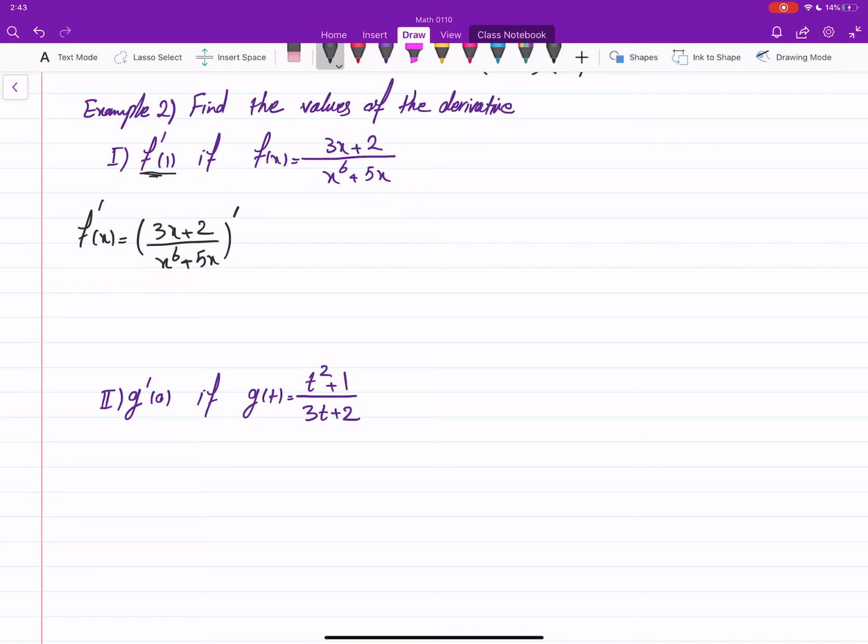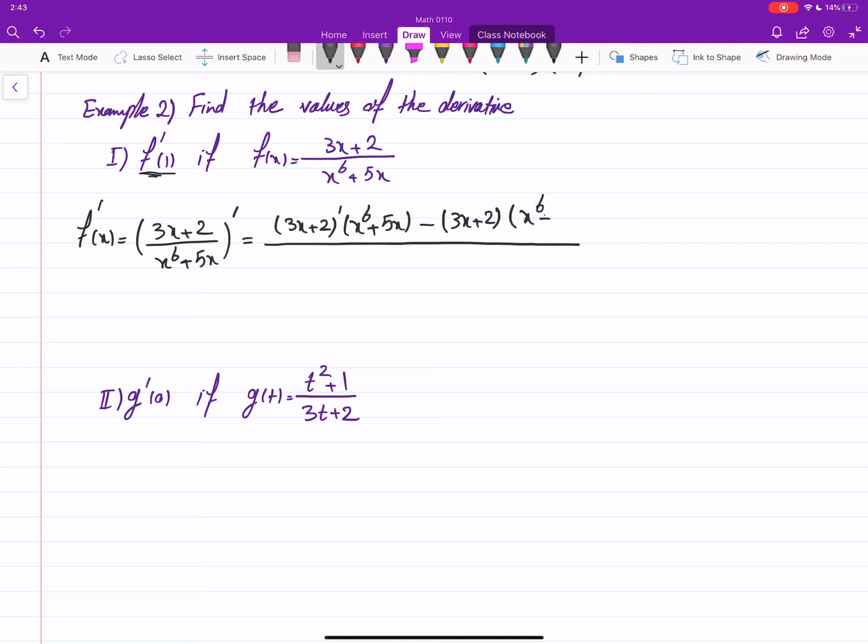To find the derivative, that would give you the derivative of the numerator times the denominator, minus the numerator times the derivative of the denominator, and then the denominator squared.